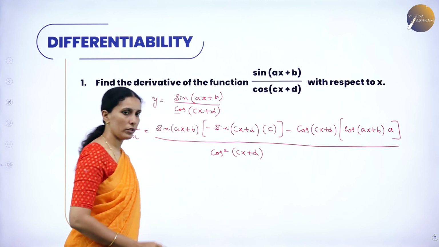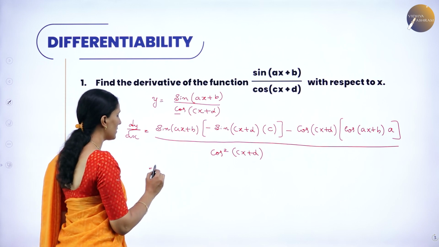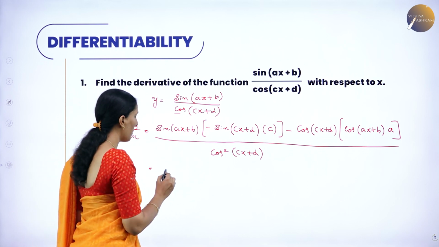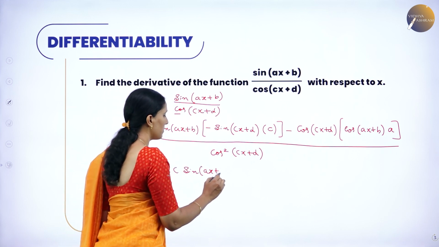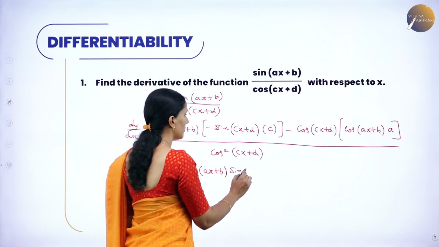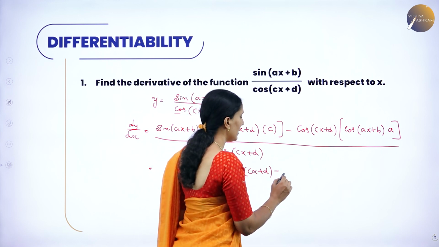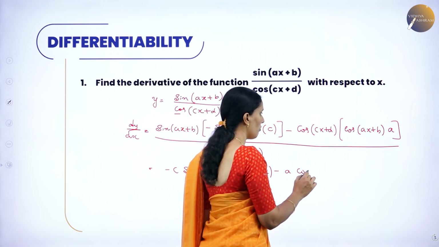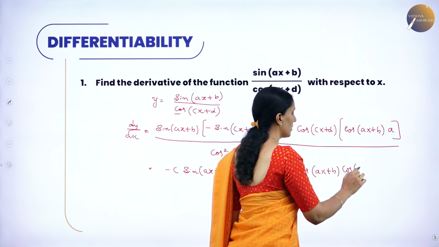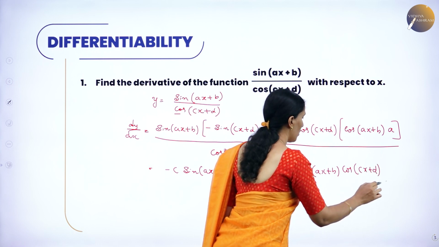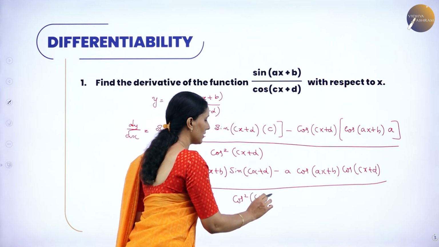Using the quotient rule here, now this is sine of (ax plus b) sine of (cx plus d). Outside we have minus, so minus c sine of (ax plus b) sine of (cx plus d), and here we have a constant a, minus a cos of (ax plus b) cos of (cx plus d), the whole divided by cos square of (cx plus d).